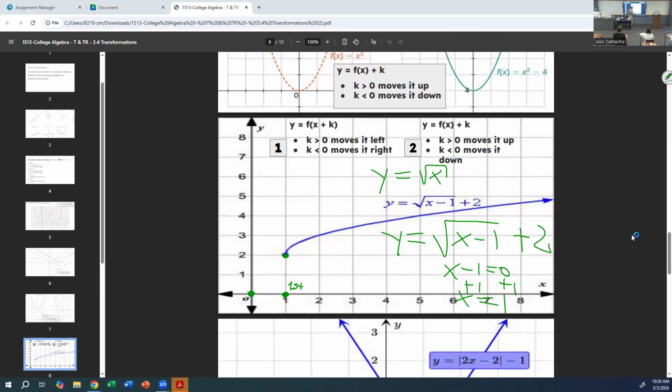Now you need to find the other points to do your graph. So you do the table of values again. That is the x value, and the equation is y is equal to the square root of x minus 1 plus 2. So let's find values.